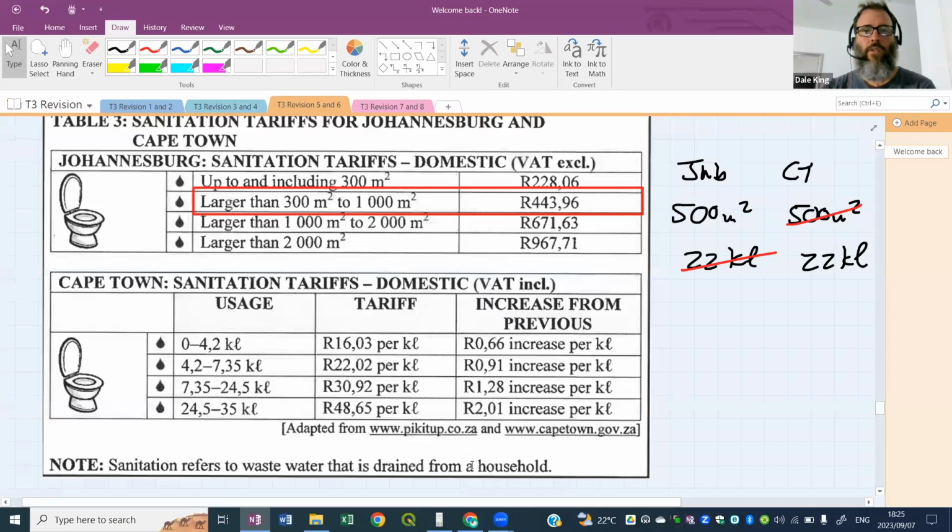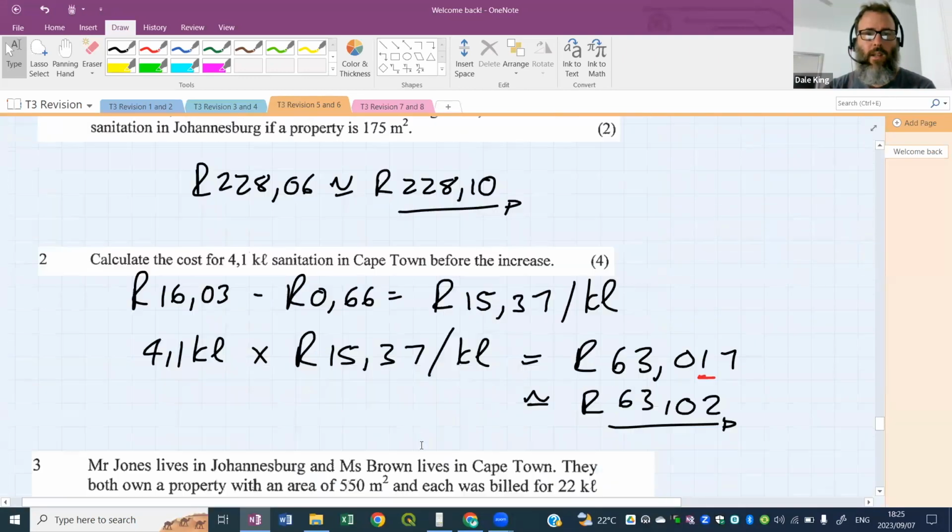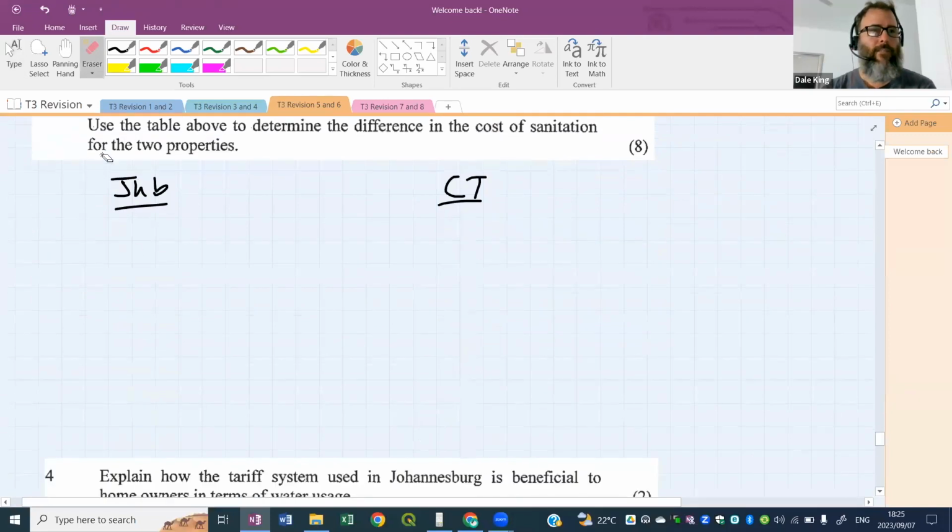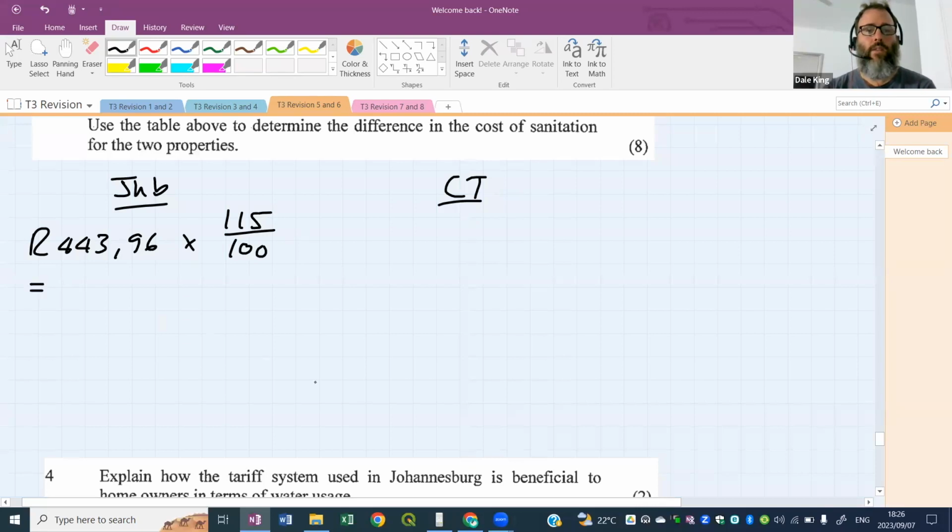So let's do Joburg first. Ben, I'm just going to take that 443.96 and include VAT. How do I do that? Is it not 15 divided by 100? Yes, or times 115? There we go. That's much easier. So 115 will get you there in one step. Excellent, Ben. I'm glad you mentioned that.